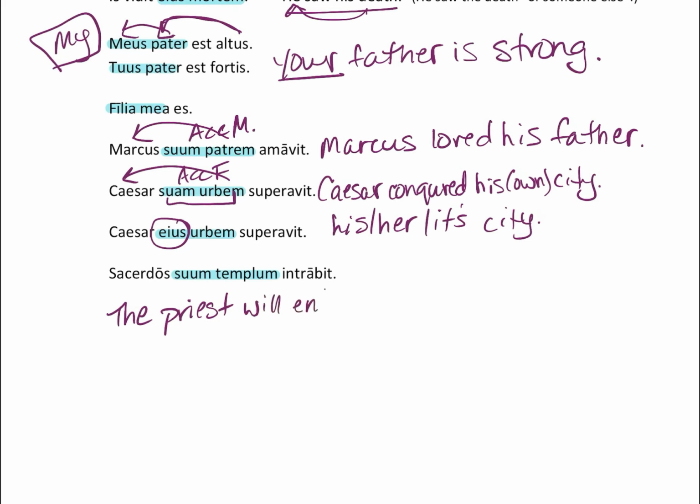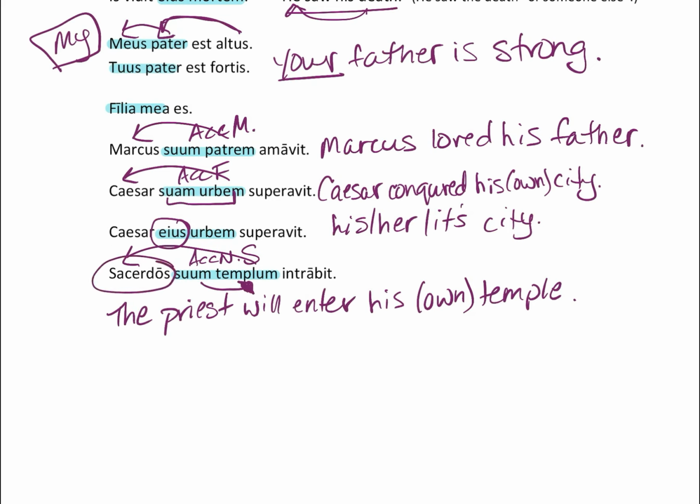The priest will enter his own temple. We use suum because the priest owns the temple. However, suum templum is accusative, neuter, singular. Remember, an adjective that modifies the noun must match in gender, case, and number, regardless of any other noun in the sentence.